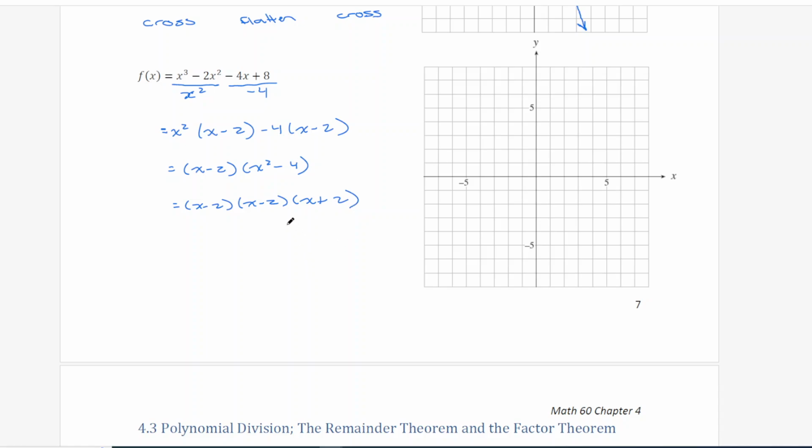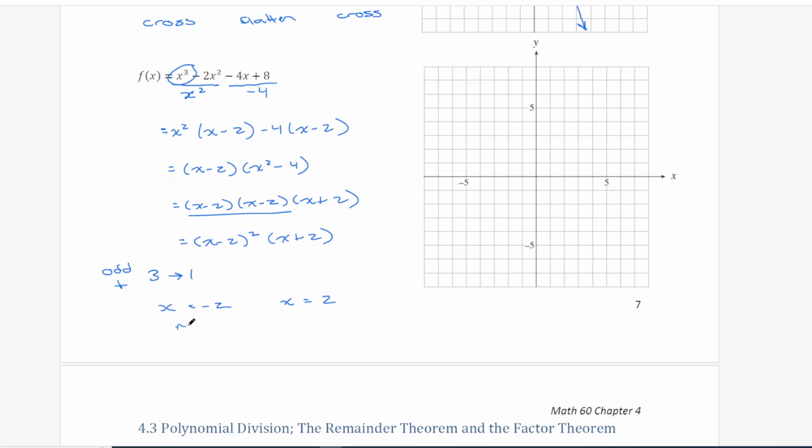There you go. Then you'll notice that this x-intercept is written twice, so we'll just write it with a multiplicity of 2, or we'll write it as squared. And then we'll do all the things. So this one is an odd degree with a positive leading coefficient, which means I'm going to start in quadrant 3 and end in quadrant 1. I have an x-intercept at negative 2, and I have an x-intercept at 2.